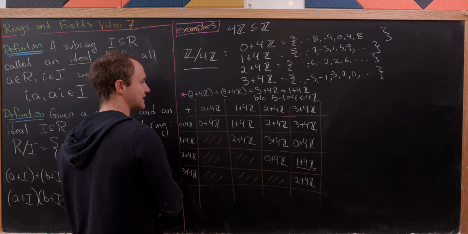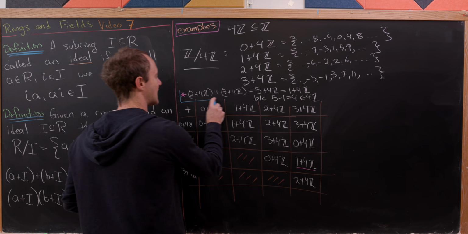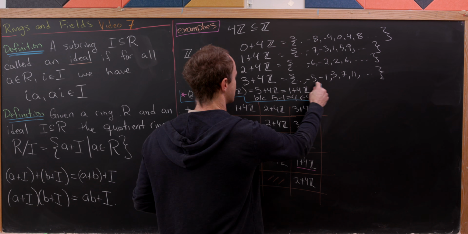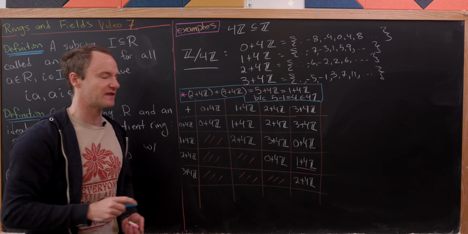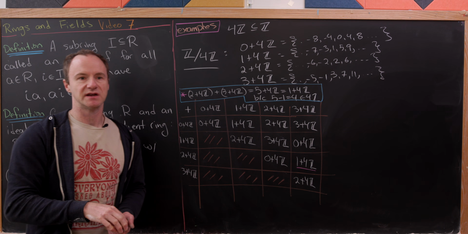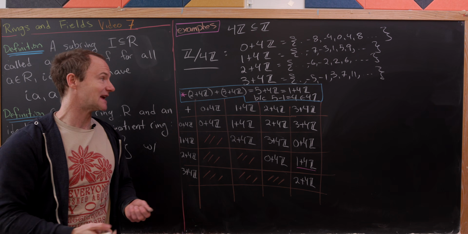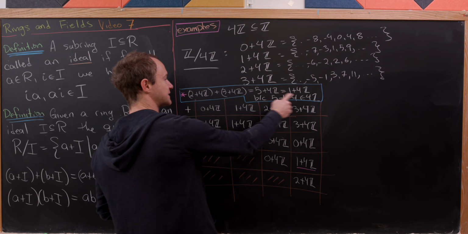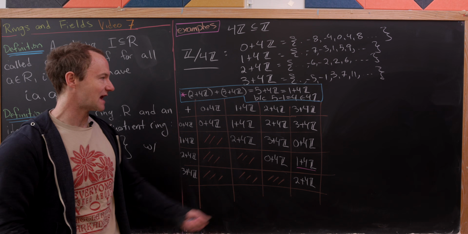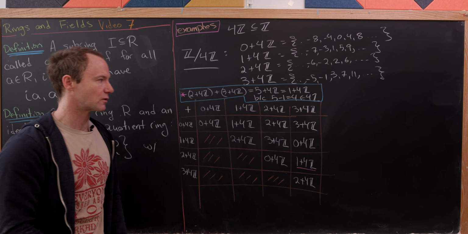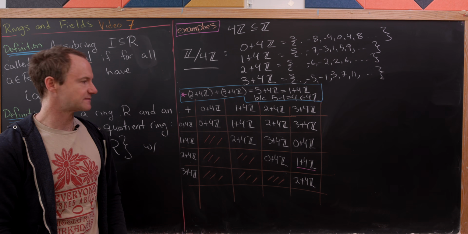Here we're using that proposition that tells us when cosets are the same. Remember, cosets are the same when the difference of the representatives is an element of the subring, or in this case, the ideal. So 5 plus 4z and 1 plus 4z are the same because 5 minus 1 is equal to 4, which is an element of 4z.